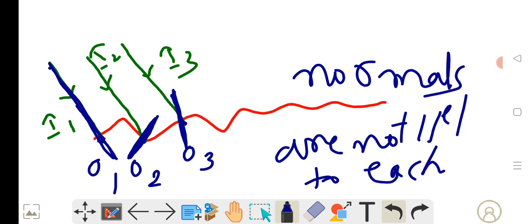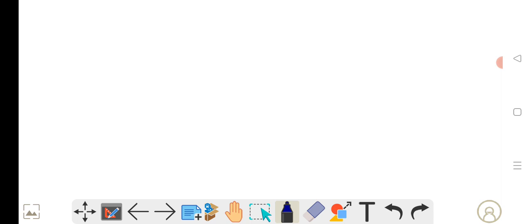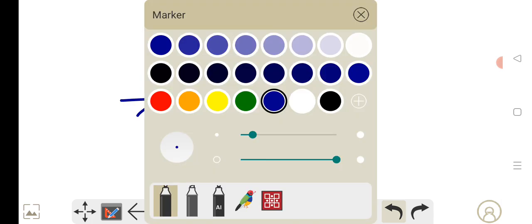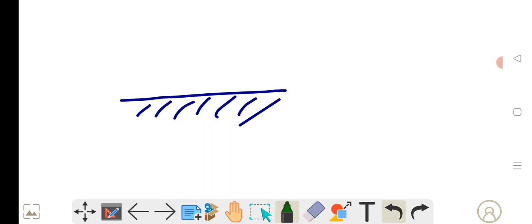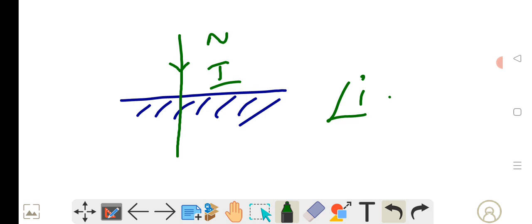Now, with respect to the normal only, we can draw the reflected ray, isn't it? Now, see here, a very important point. Many times they ask this in the exam. If you have a normal, and along the normal you have an incident ray, what will be the angle of incidence? Angle of incidence is the angle between the normal and the incident ray.